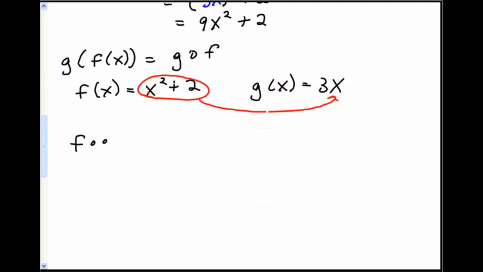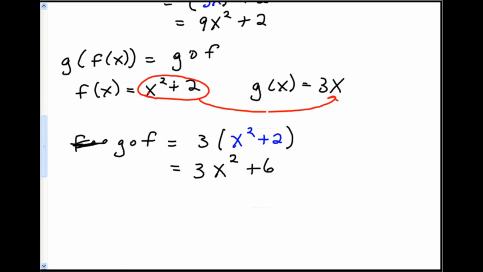So g of f of x will be 3 times x squared plus 2. Distributing the 3, you'll have 3x squared plus 6.